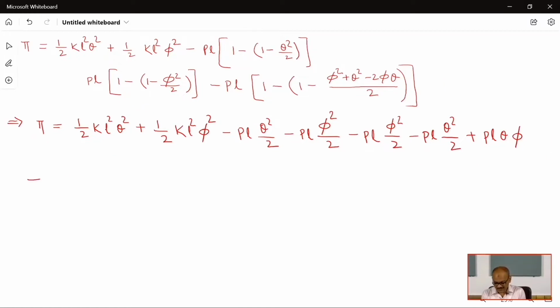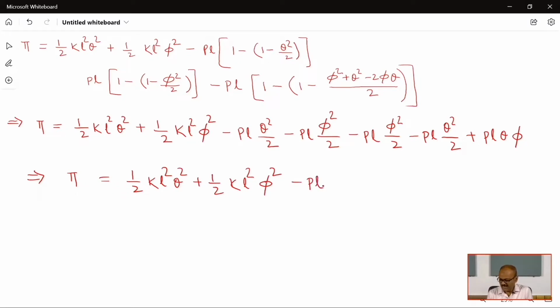And we will further simplify. This pi will be half k L square theta square plus half k L square phi square minus P L into (theta square plus phi square minus theta into phi).